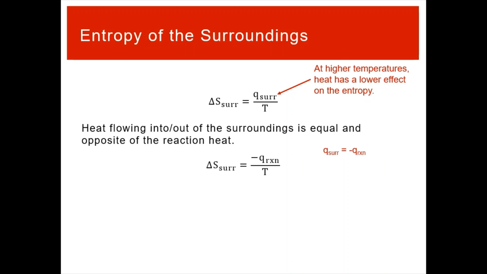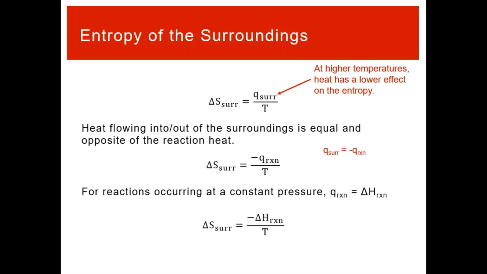We get that the change in entropy of the surroundings is the negative heat of the reaction divided by the temperature. We can then use the definition of enthalpy: at constant temperature, the enthalpy is equal to the heat of the reaction. That's just the definition of enthalpy. That's why we use it in chemistry.